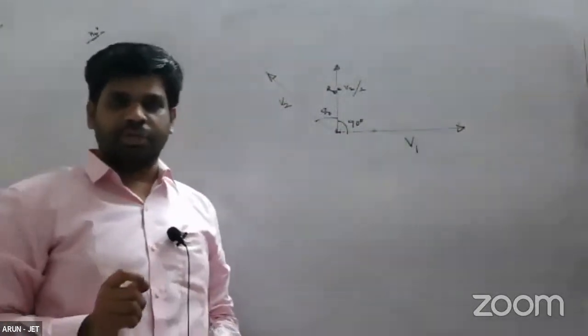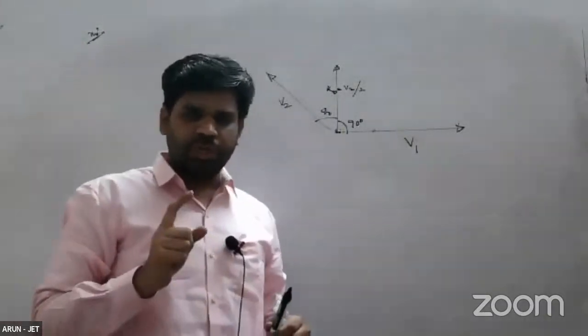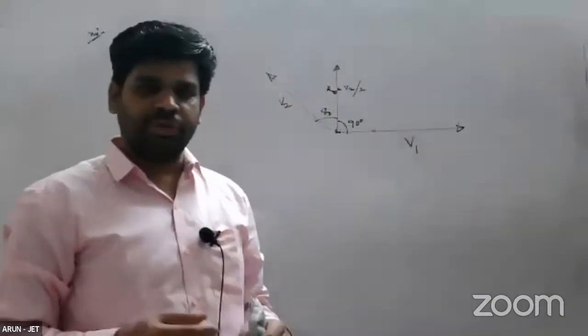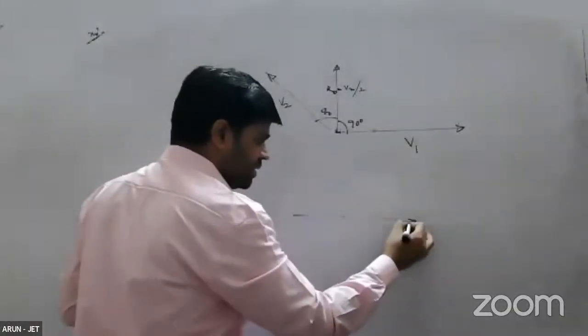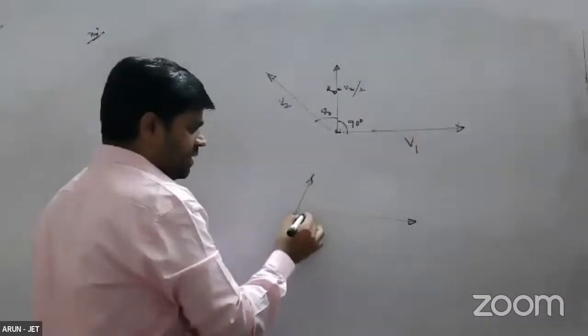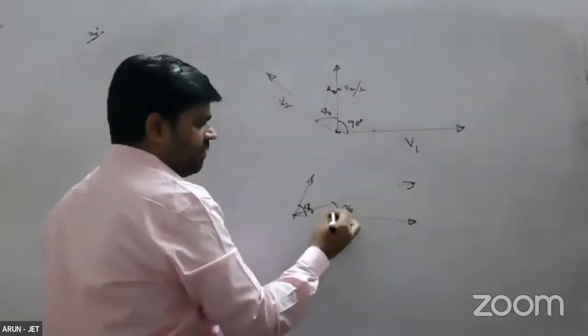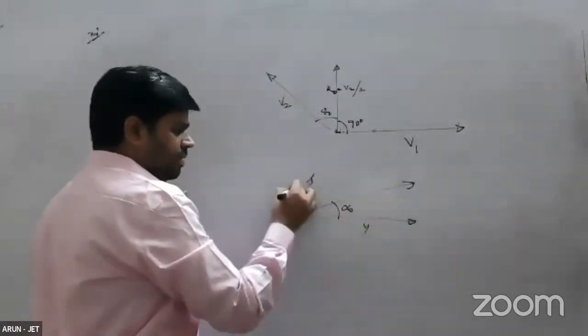Bhavana, I'll repeat the question for you. See, it is this way. If one vector is like this and the other vector is like this and this is the angle between them, my resultant is somewhere here. This is my alpha, the angle which the resultant makes with V1.